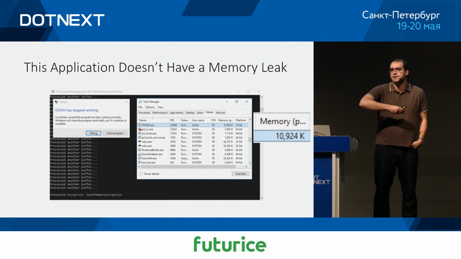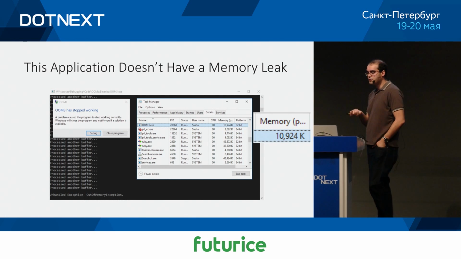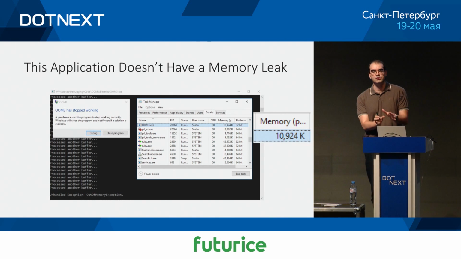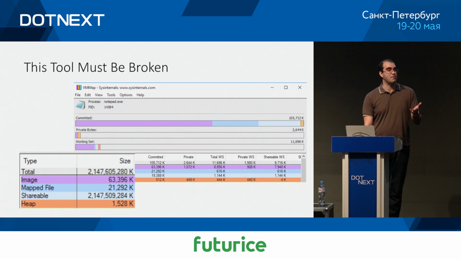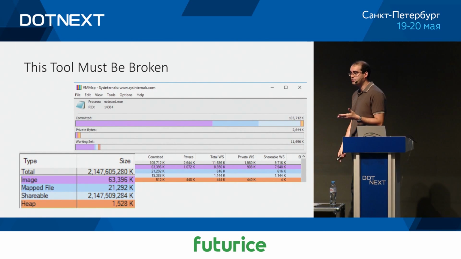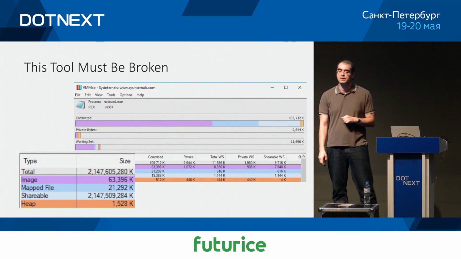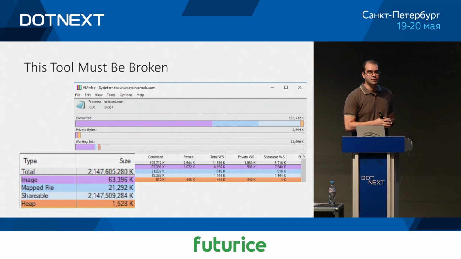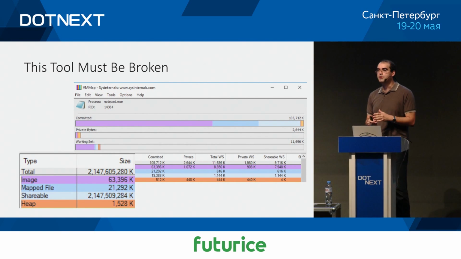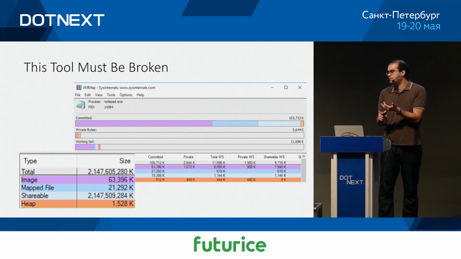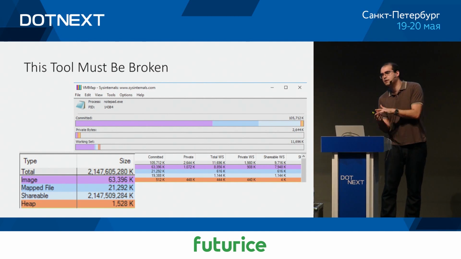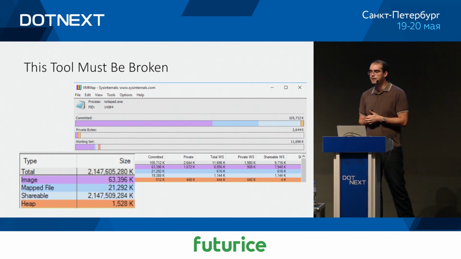But there's also the other side of this. So suppose you know Task Manager is not really good, you run a more sophisticated tool like VMMap. This is a Sysinternals tool, very advanced, gives you a very nice report on exactly how much memory your process is using in different categories, like shared memory, non-shared, physical, virtual, whatever you want.